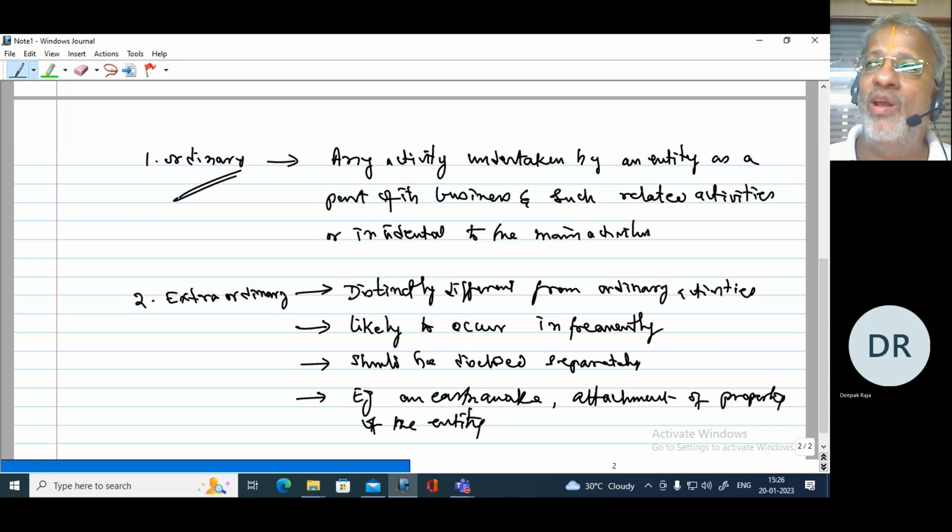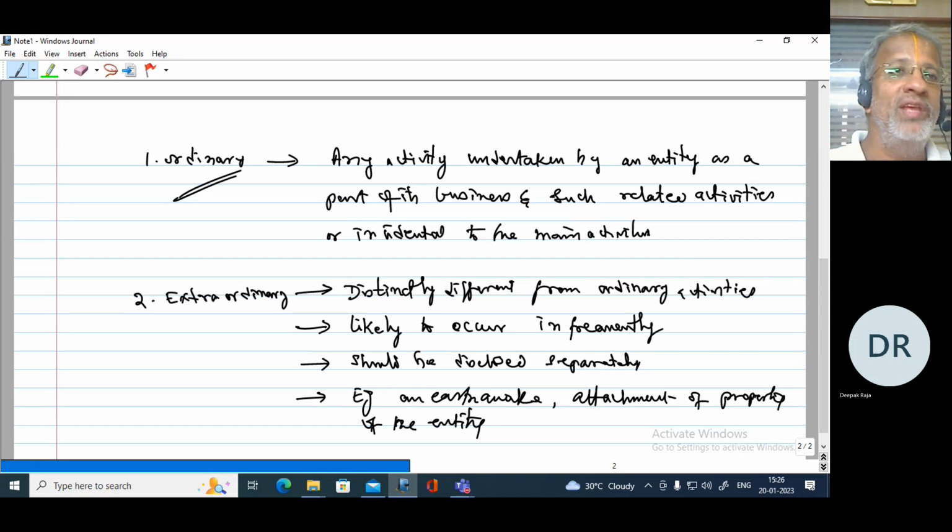Can you consider sale of an asset as extraordinary? No. Buying an asset is part and parcel of your ordinary activity only. Selling them will also be an ordinary activity. Even though sale of your PPE may not be occurring frequently, just because it is infrequent in nature, you cannot consider that as an extraordinary item.